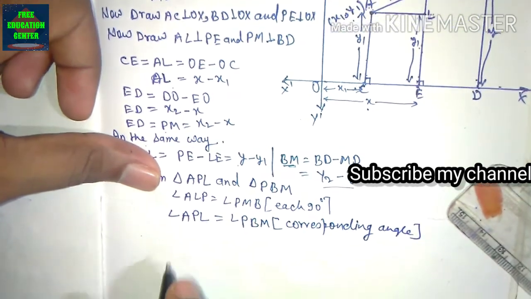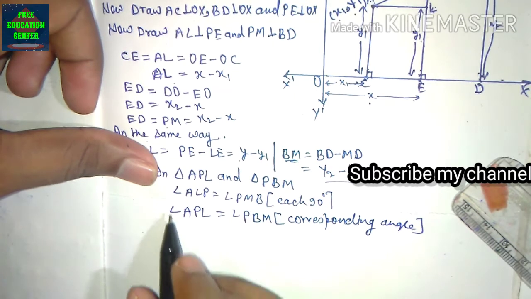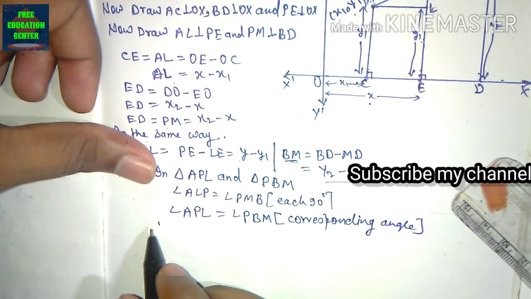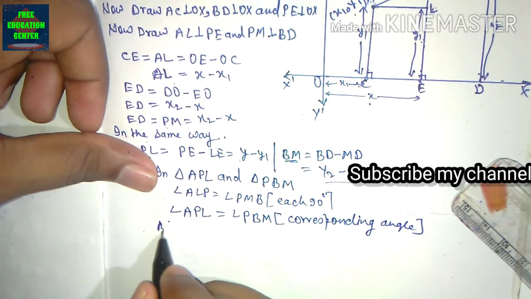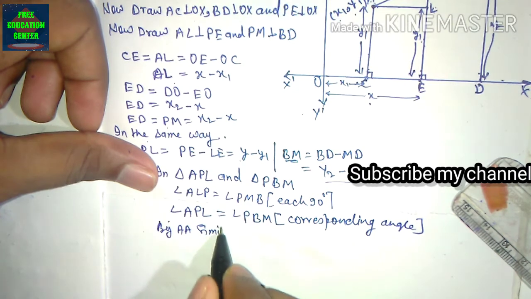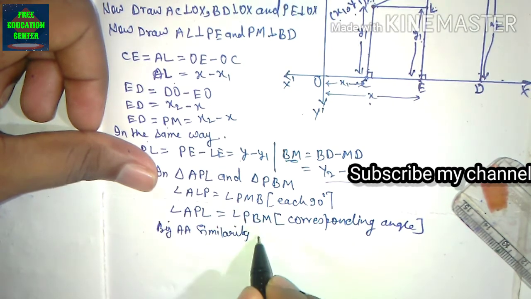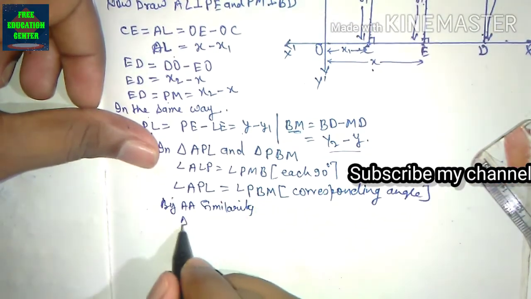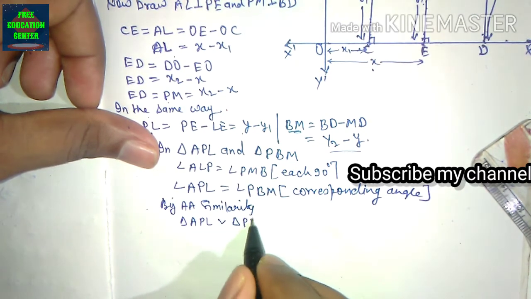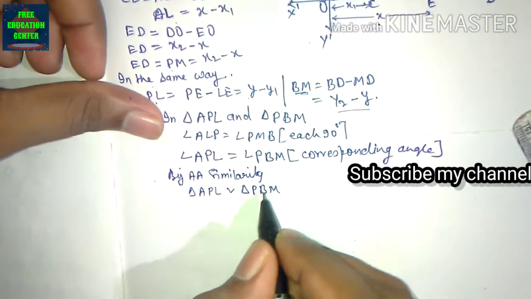Now as we know that when two triangles are similar, then their sides are proportional. By AA similarity, triangle APL is similar to triangle PBM.